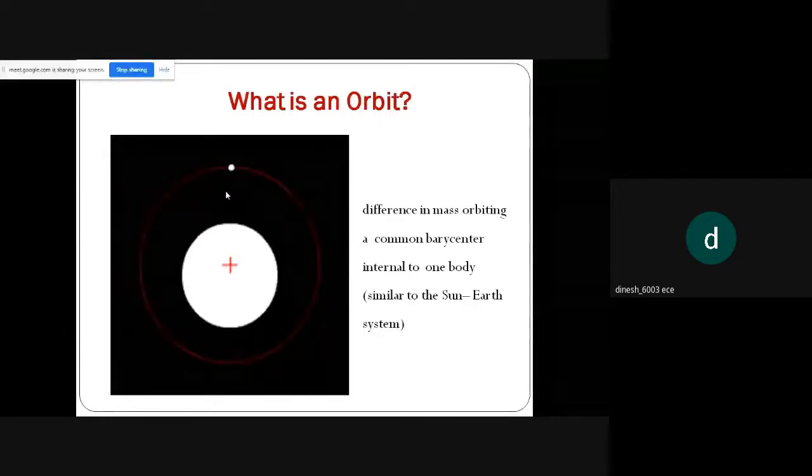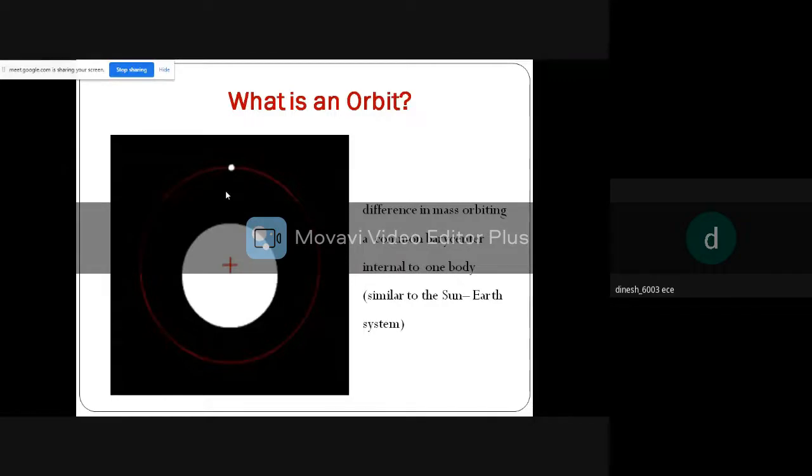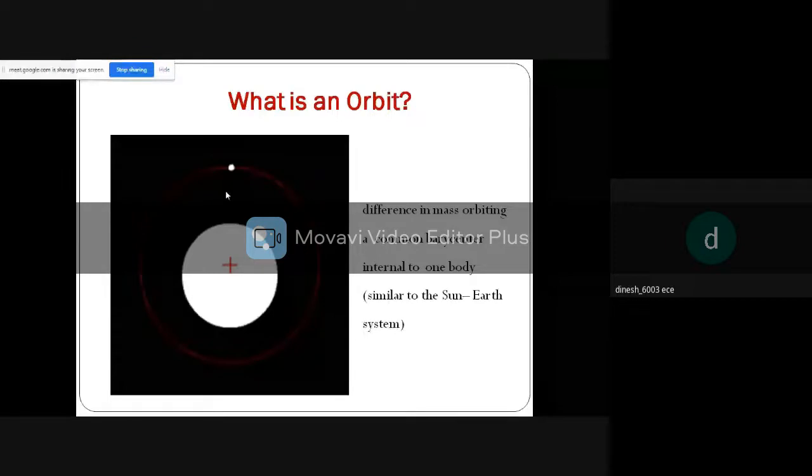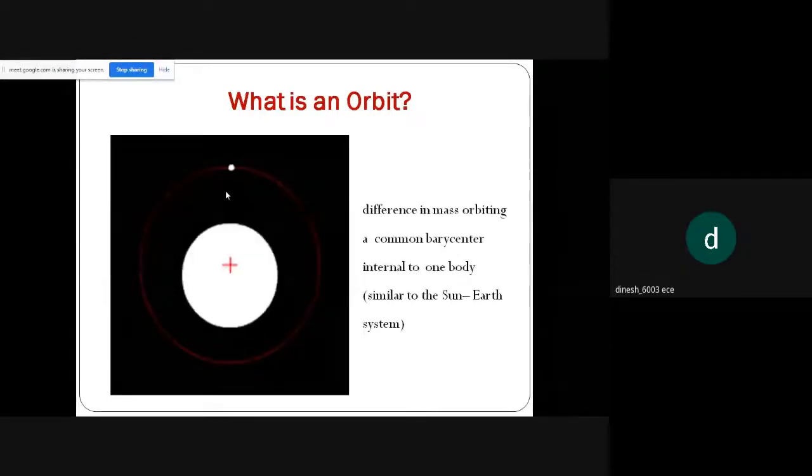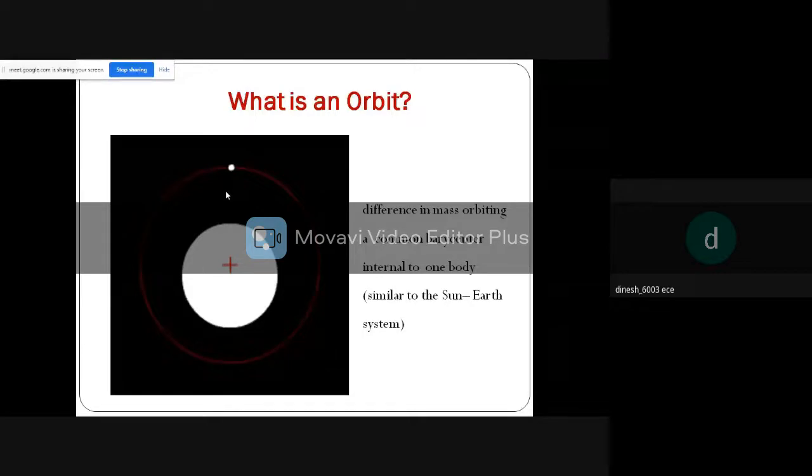You can see that we have a barycenter at the center, and a mass is present exactly within the barycenter internally, and another body is revolving around that barycenter as well as this internal body. This can be given as an example for a Sun-Earth system. Similar to the Sun and Earth system, this resembles an example of an orbit. So this is also an orbit.